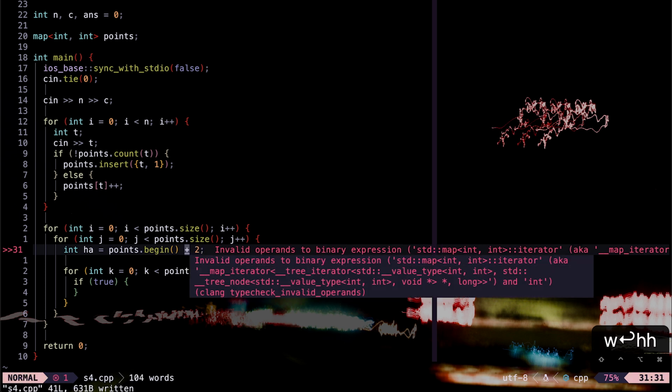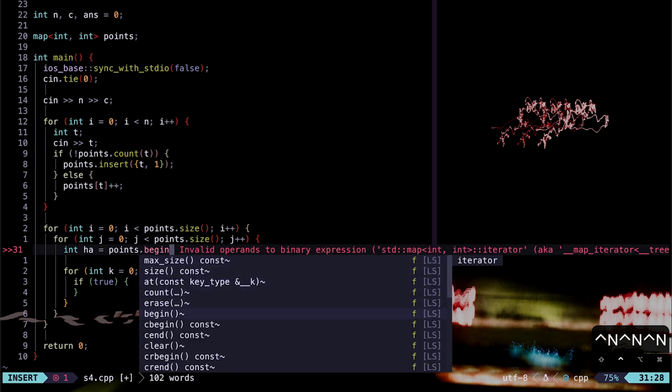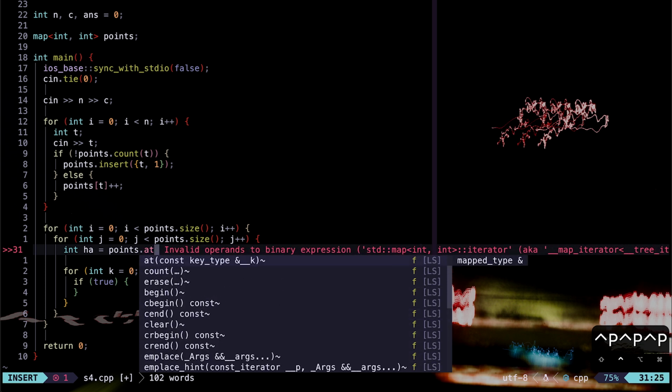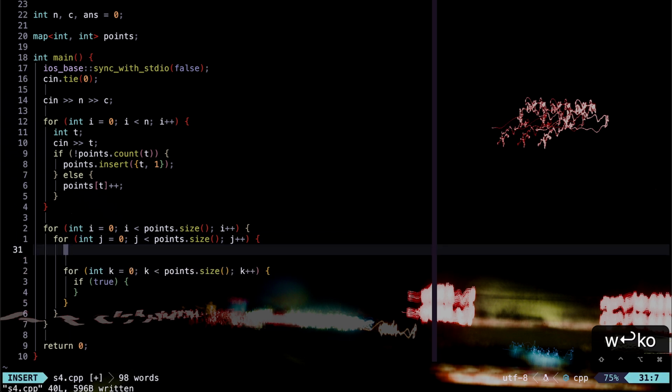Is this legal? Begin. How do you find the first one? Or can you just... I'm having a tough time with C++. This is not okay.